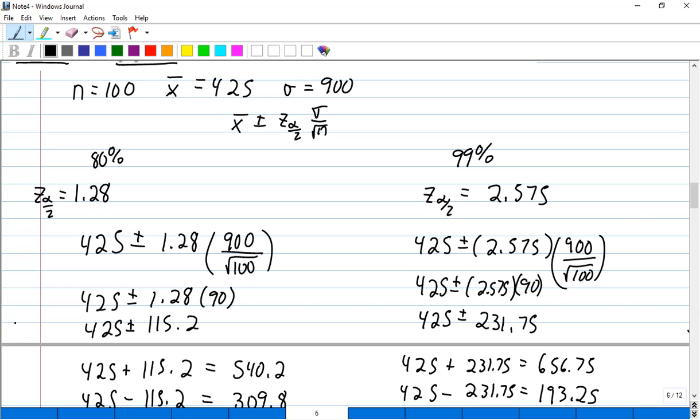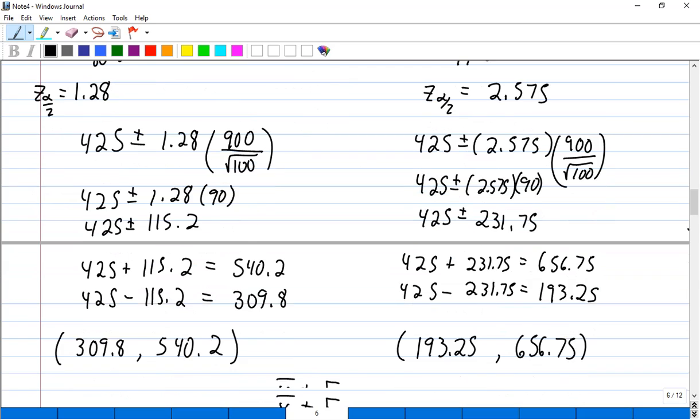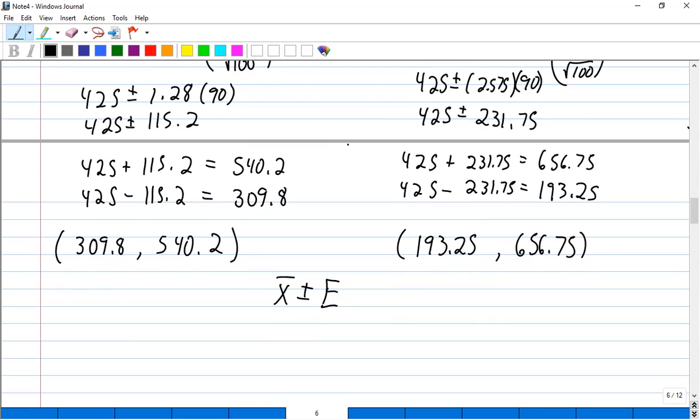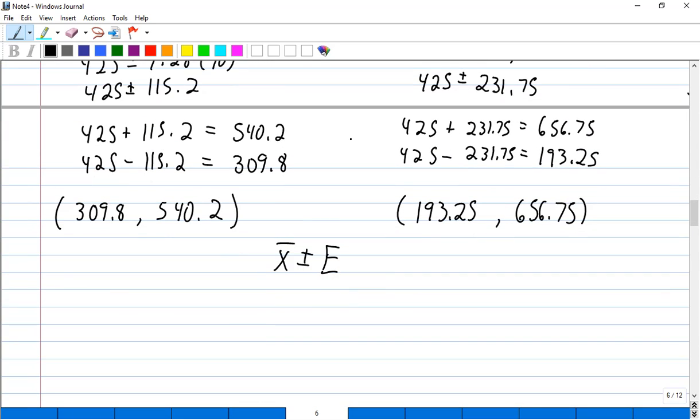Now, one other way, and I'm just going to throw this out there because I've seen other textbooks teach the same thing. One other way that this answer can be written, you see the interval for 99%? What is the population mean symbol? It's the mu. This could be written like this. Mu is greater than or equal to 193.25, less than or equal to 656.75.